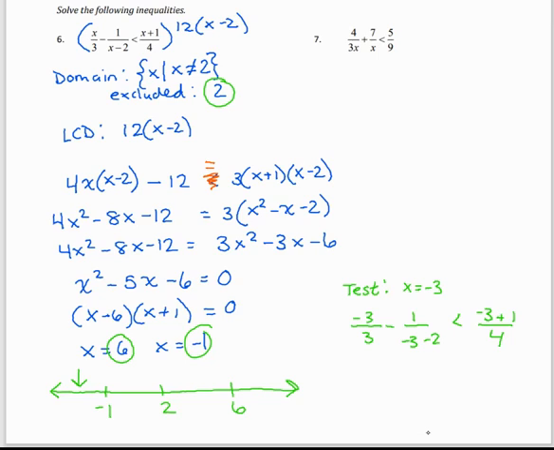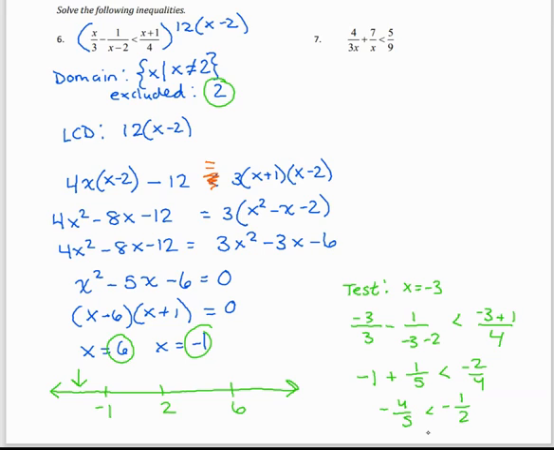When I simplify that, I get negative 1, and this will end up becoming plus 1/5, because it'll become a negative negative, is less than negative 2/4. If I simplify that, that is really saying negative 4/5 is less than negative 1/2.